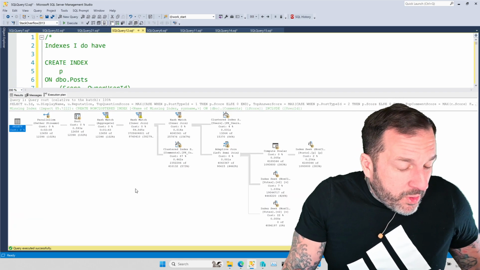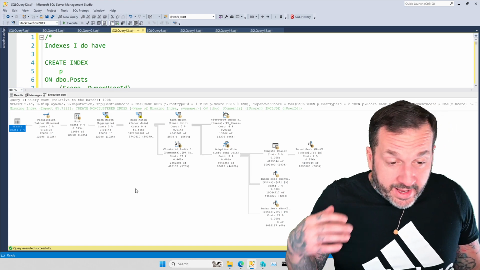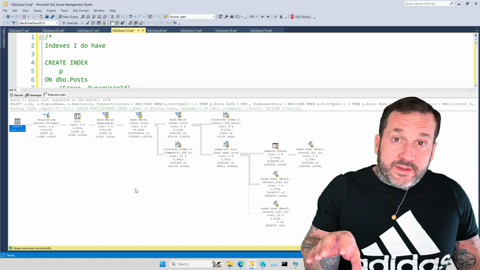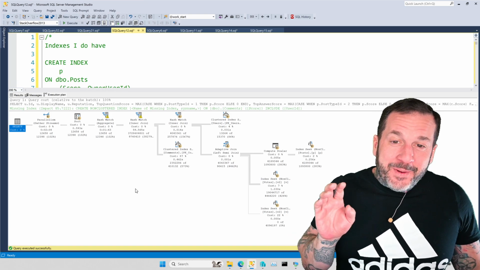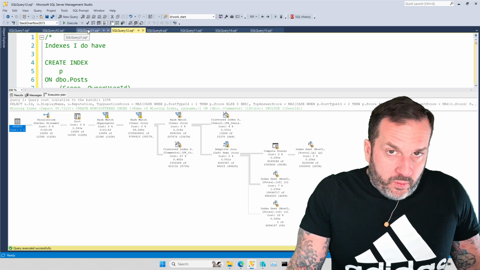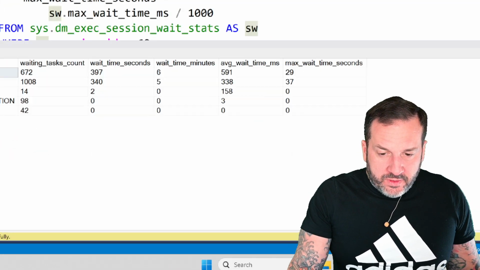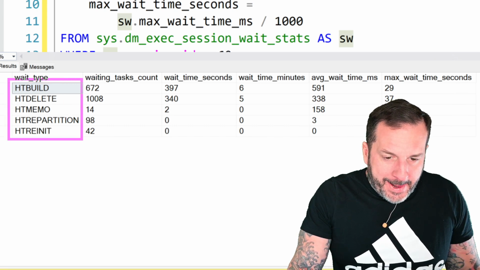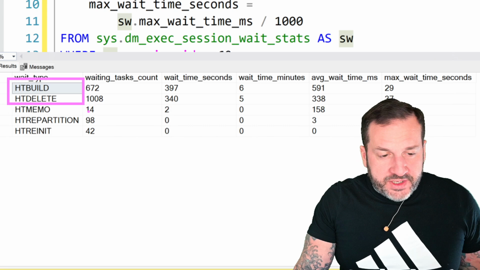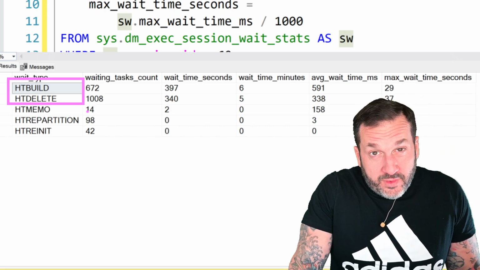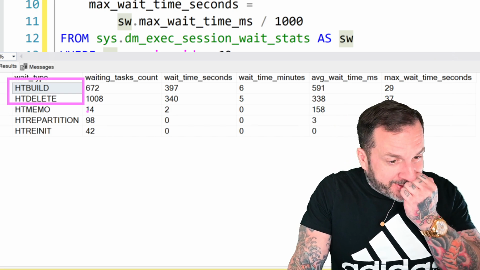So when you're working with batch mode queries, and again, I love batch mode for a lot of things, this query in row mode is an even bigger disaster. But when you're working with batch mode queries, if you see lots of waits on these HT waits, specifically HTBUILD and HTDELETE, you can run into really bad performance issues sometimes.